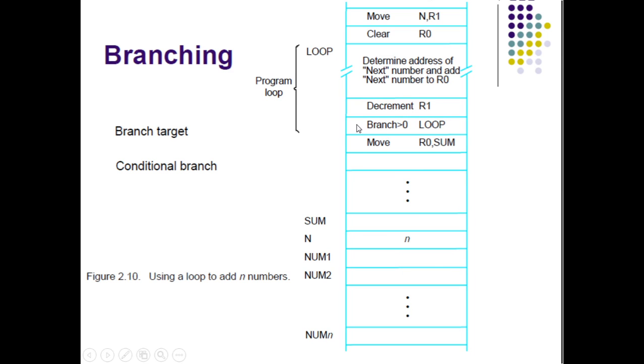Only then does the branch condition return a true value. If it returns a true value, we need to break the sequential instruction execution. We need to follow a branching case now. That means we need to change the current program counter value, so that it points to this memory label loop. This loop label is not sequentially next.